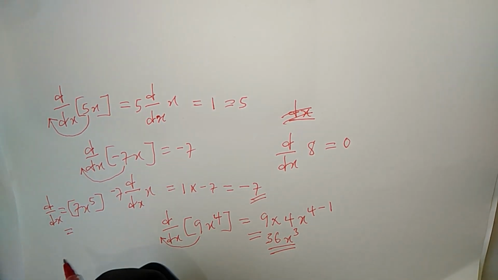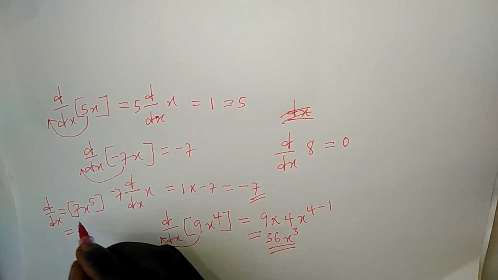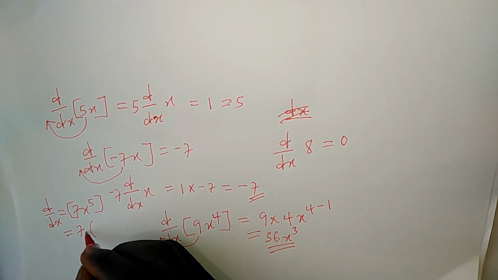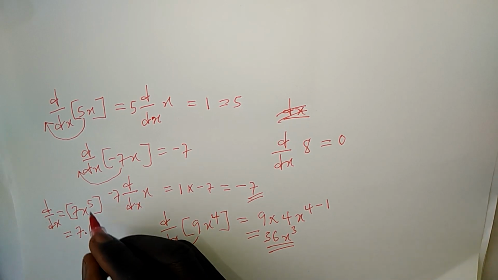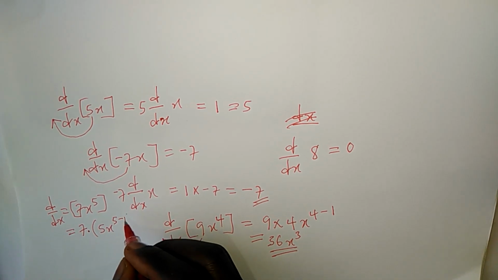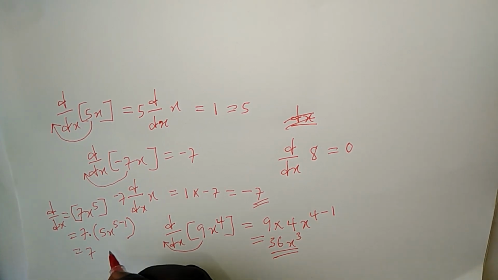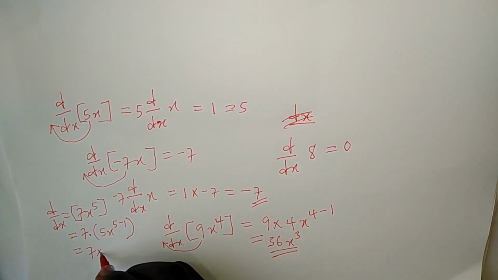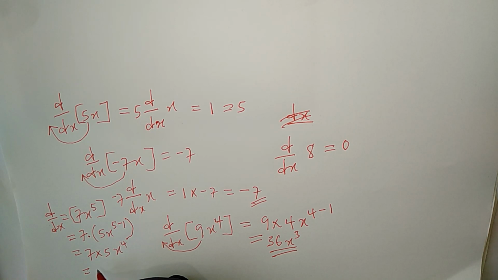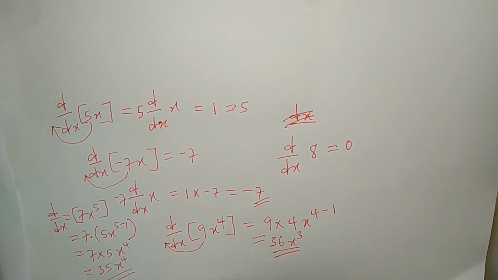On the derivative of this function, we have 7 multiplied by, you can just put it in brackets if you want to be more clear so that it will not be confusing, 5x raised to power 5 minus 1. Now we have 7 multiplied by 5x raised to power 4. Then 7 multiplied by 5 is 35, x raised to power 4. This is our final answer.